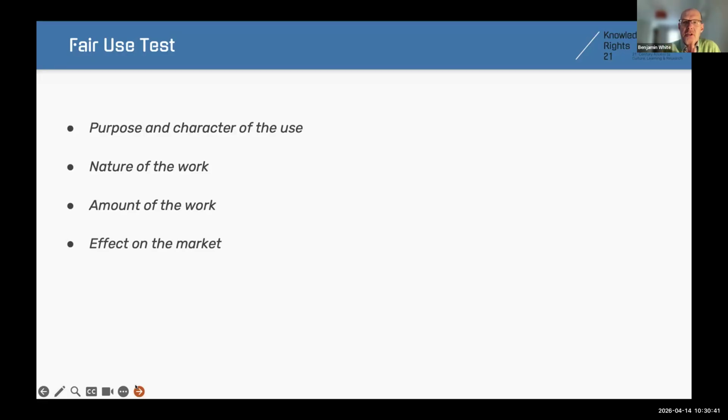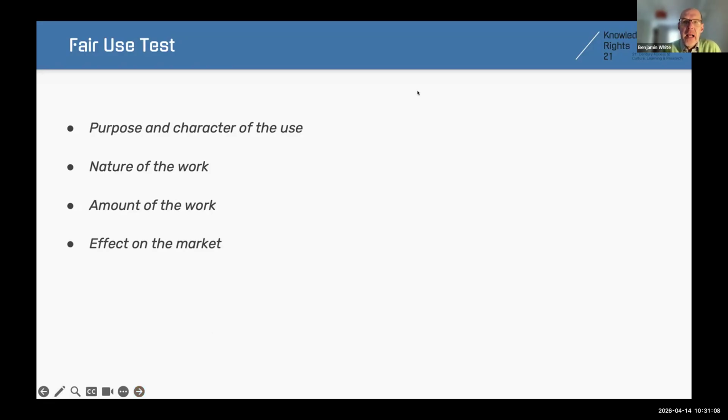So purpose and character of use, what does that mean? Essentially, what the US courts have done is they have defined machine learning as transformative. The purpose of writing books and academic literature is for human people to read. The purpose and character of AI is entirely different.